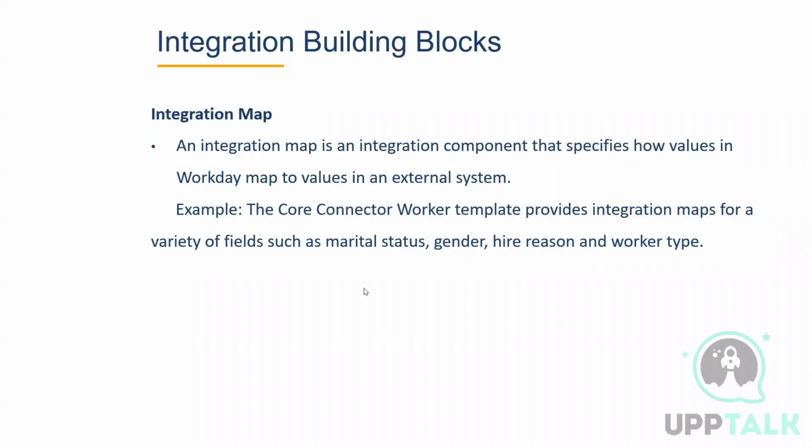So earlier we were discussing integration maps. We saw some examples of mapping gender, how we map from Workday values to external data values that we see when we make the output and what we see in the integration output.